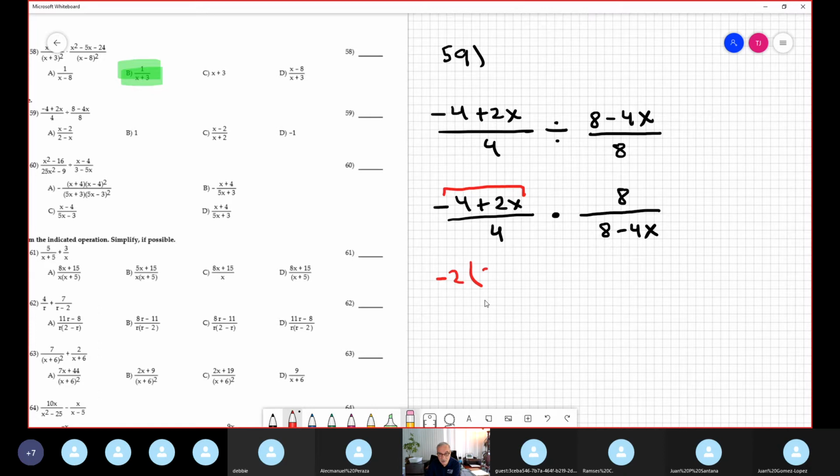So we have positive 2 plus or minus x, something like that. 4 is a number. And here, the greatest common factor is 4. And we have 2 minus x. I like that, because 2 minus x cancels out 2 minus x.